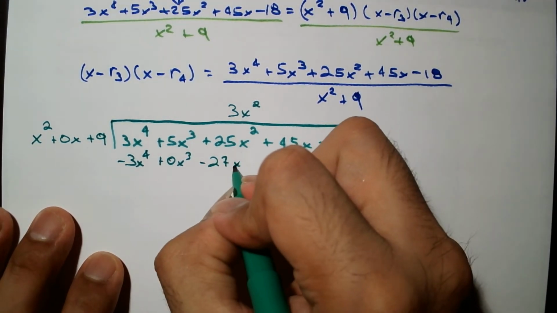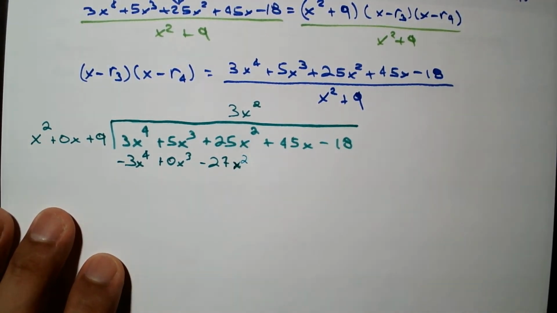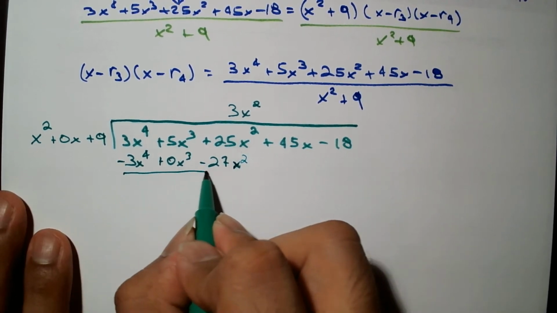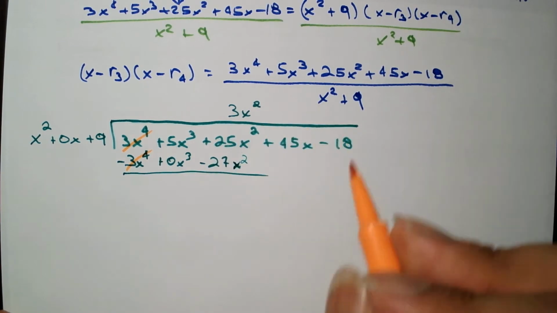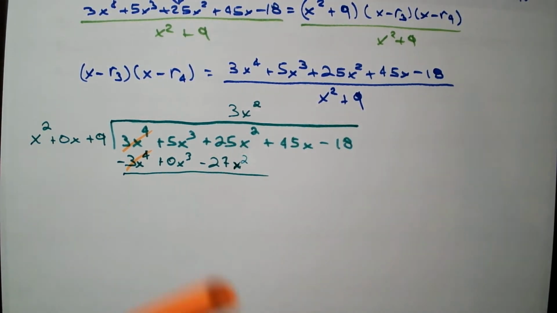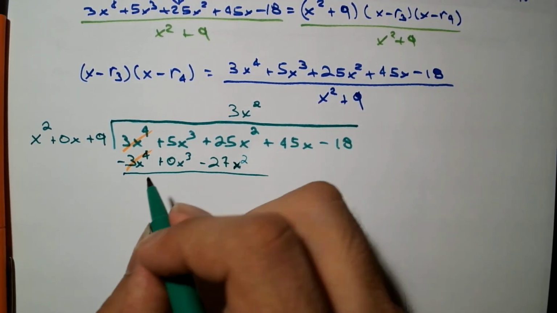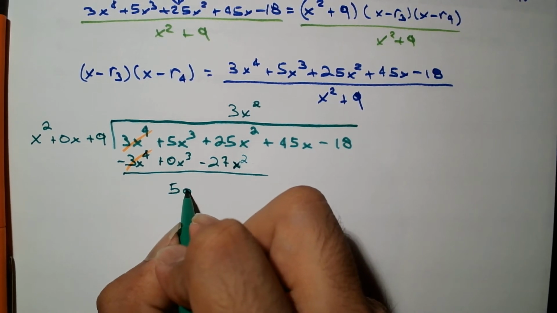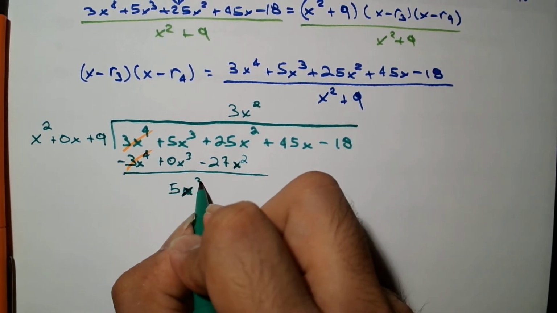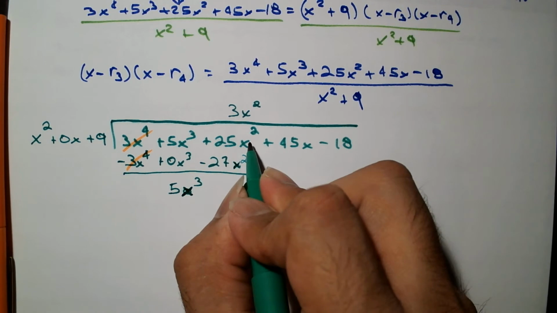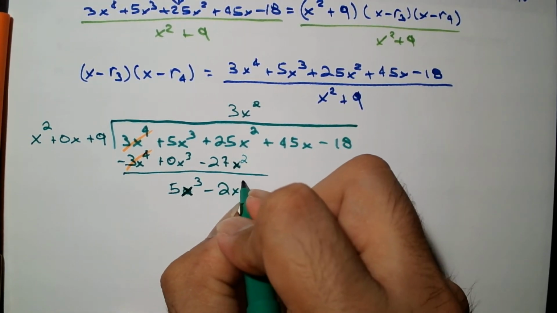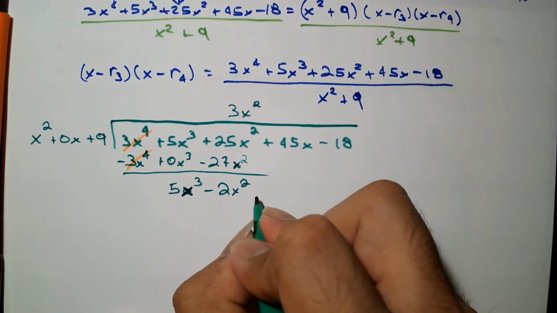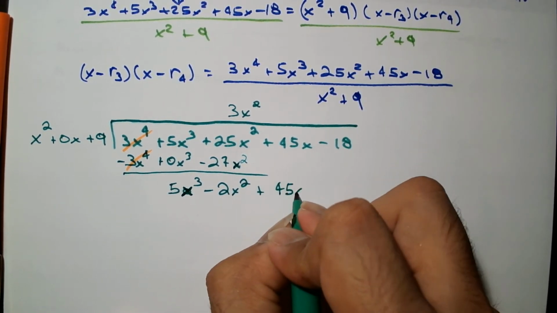Okay, so I'm going to cancel these out, and I'm going to add 5 plus 0, which is 5, 5x cubed, and then 25 minus 27, that's a negative 2x squared. And then drop the next term, which is 45x.